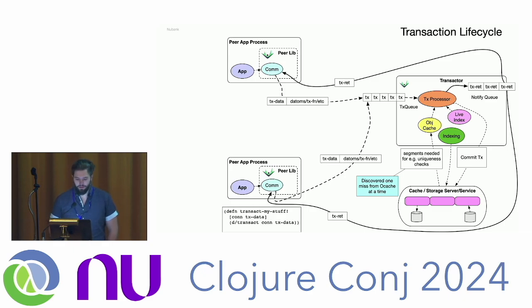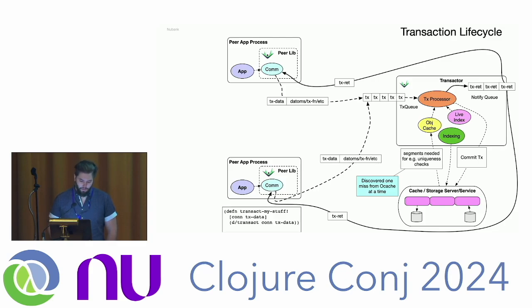We're just going to call it the transaction processor right now. Reads are performed to something called an object cache, which is an in-memory cache, where there are datums packed into segments, which is an array of datums. These segments, if they're not in memory, get pulled from external caches or external storage.